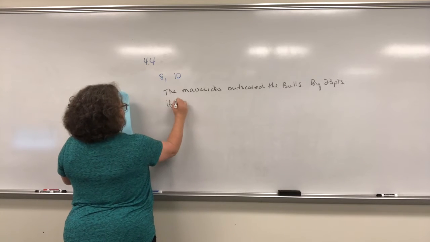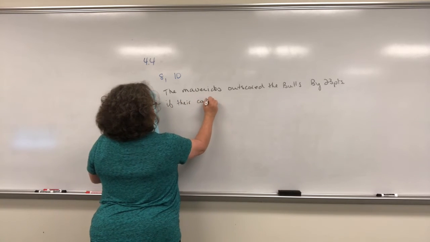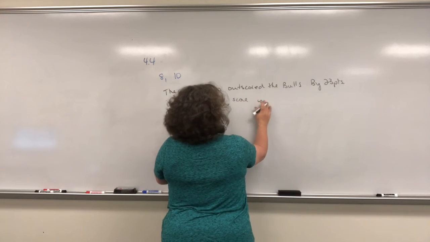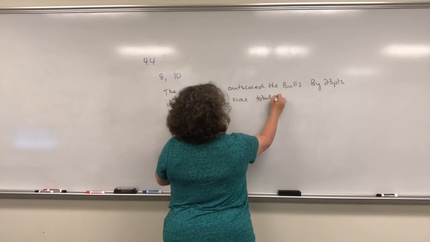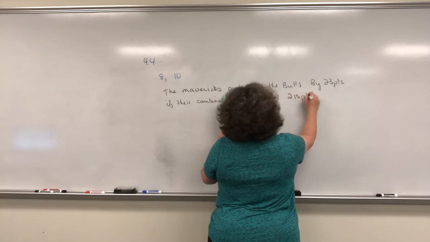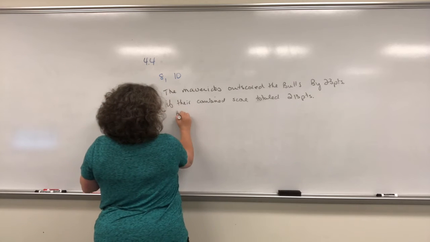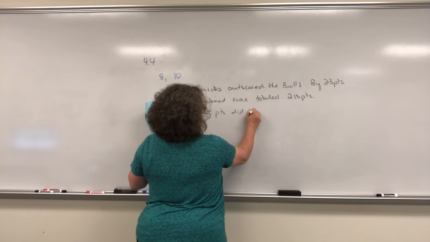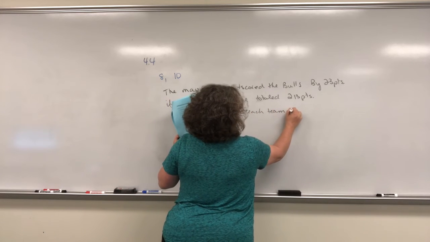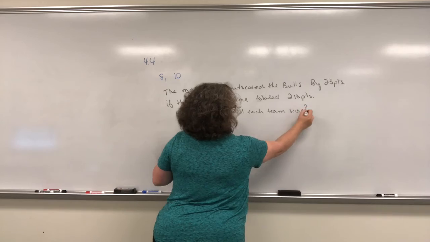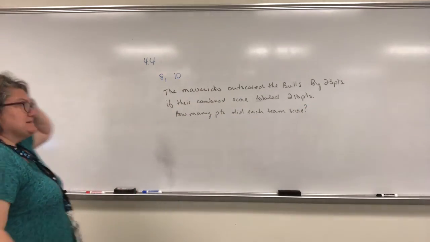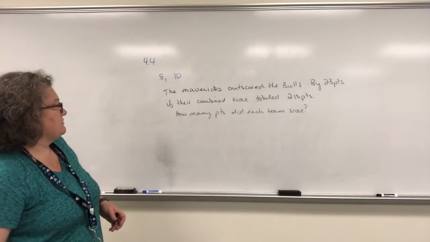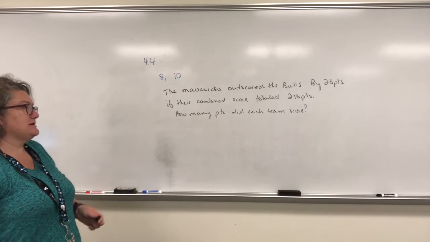If their combined score totaled 213 points, how many points did each team score? Okay. So we have the Mavericks and we have the Bulls, and they outscored by 23 points, so their combined score totaled 213 points.